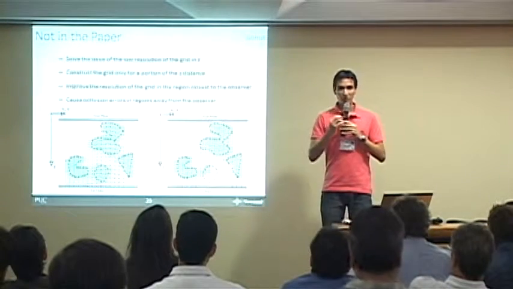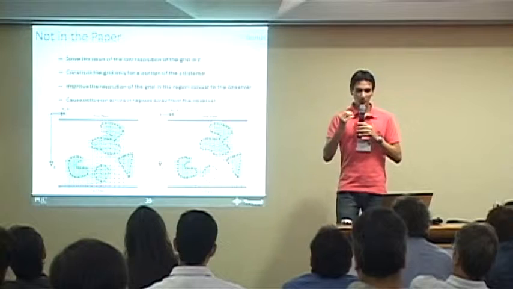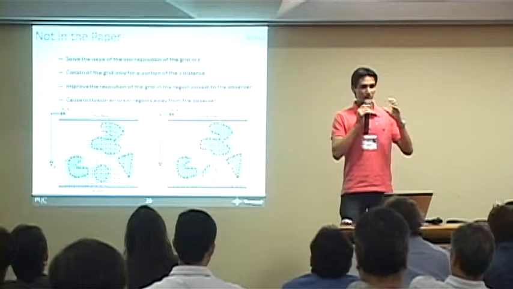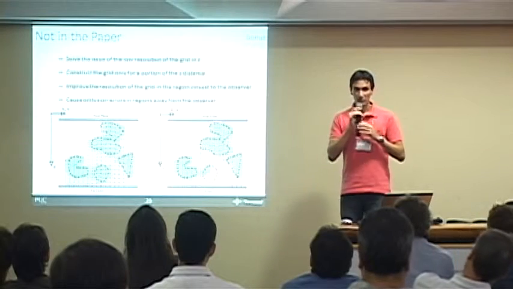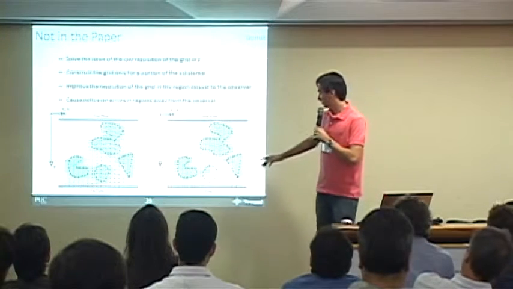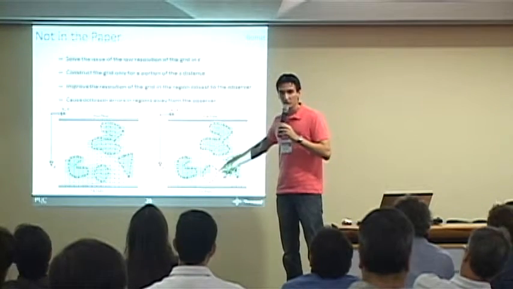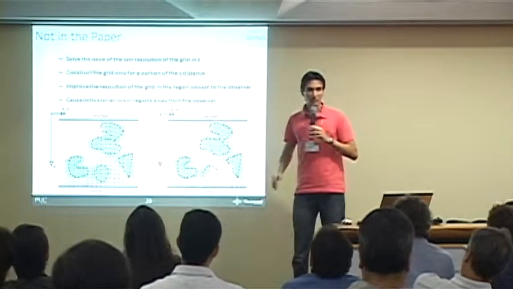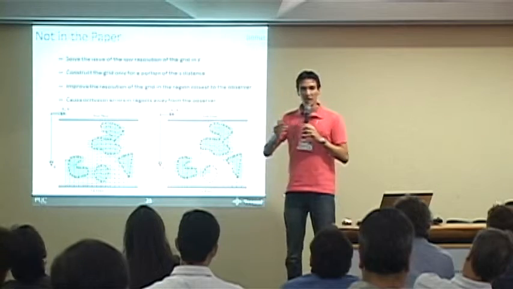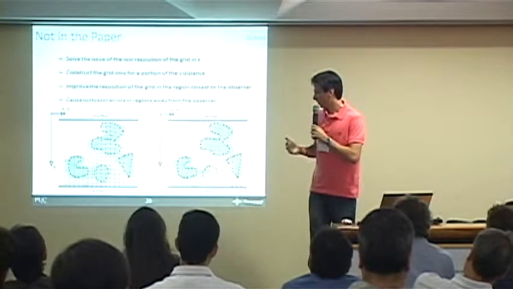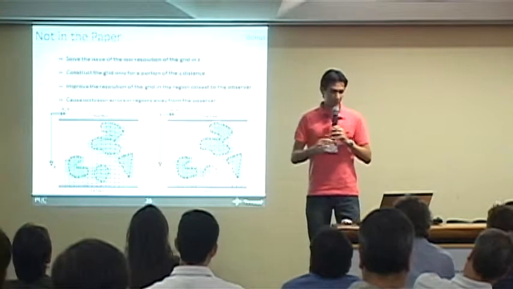So the idea is that we improve the resolution of the grid in the region near the observer, which is the more important. But this can cause errors, as regions that are farther from the observer maybe will not be correctly voxelized, and maybe it will affect the occlusion of other objects.